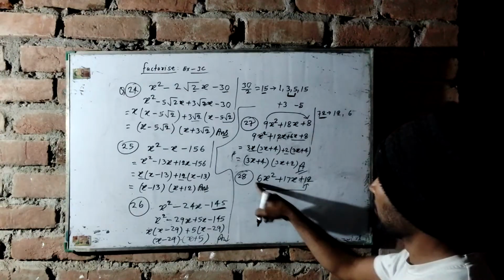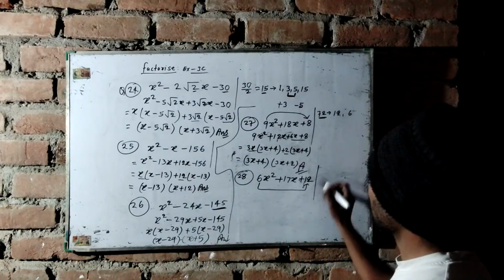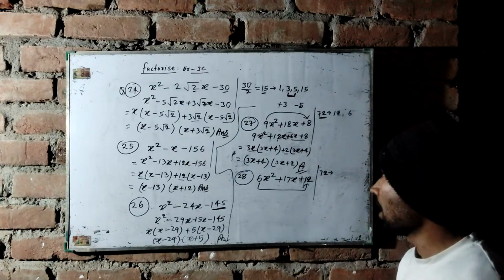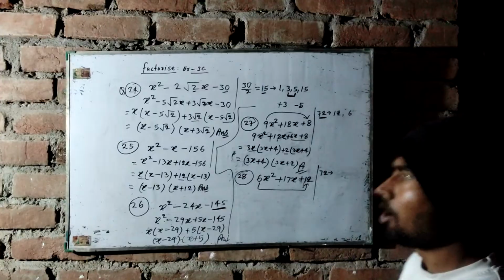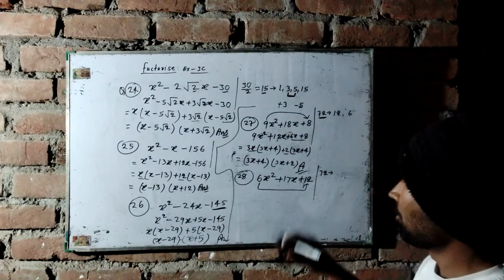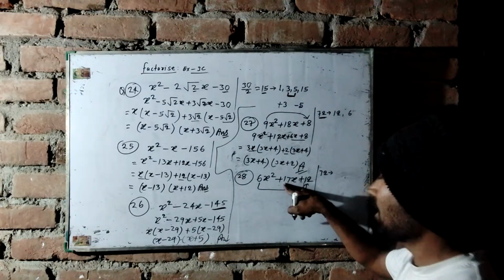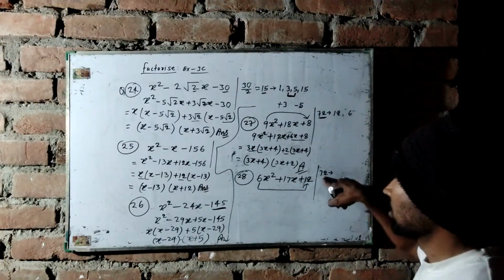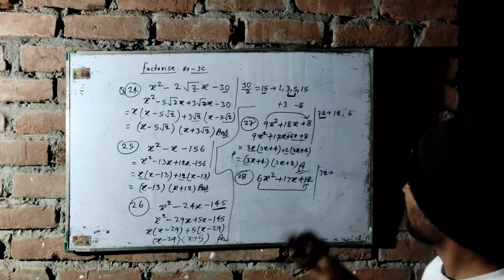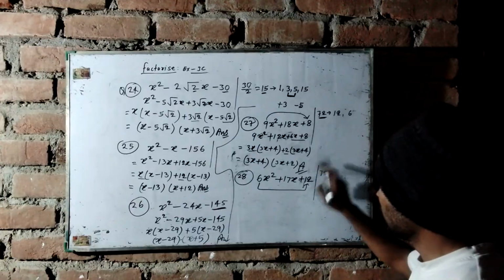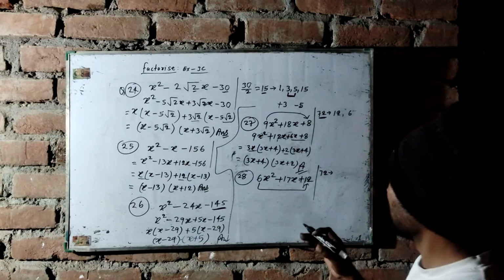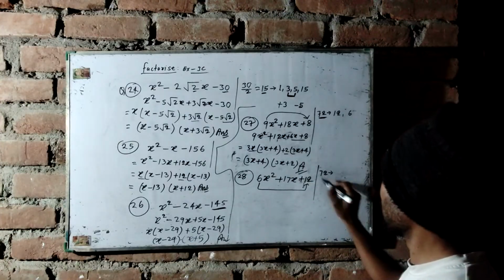After multiplying this number with this number, you will get 72 as a product. Okay. Now we have to find two factors of 72 whose sum will be plus 17 and their product will be plus 72. So let me find two factors of this number.